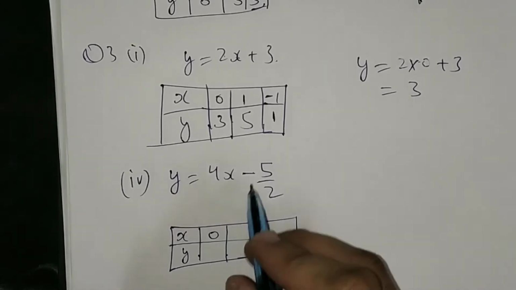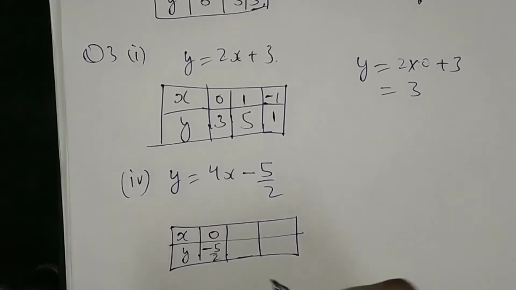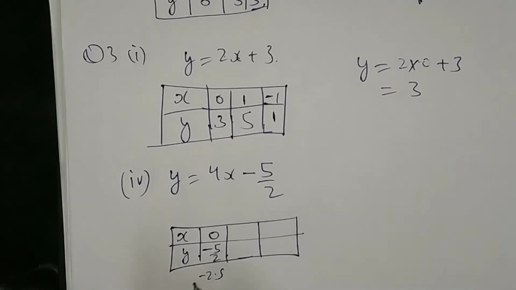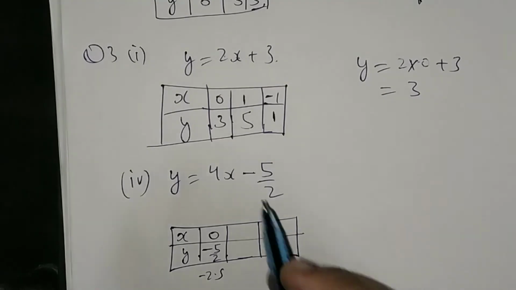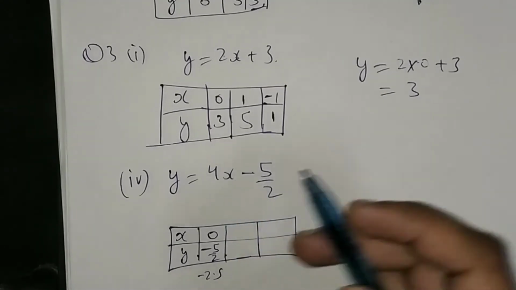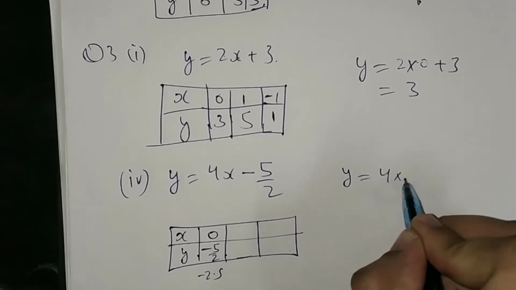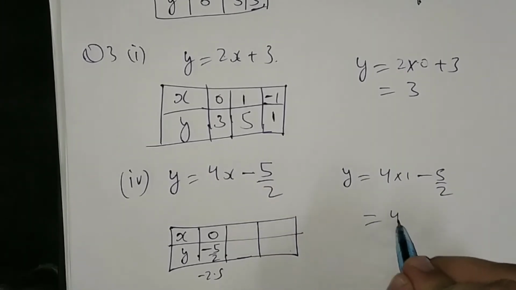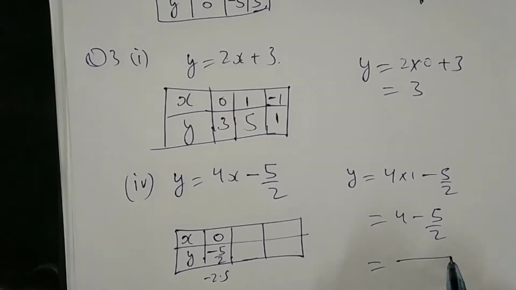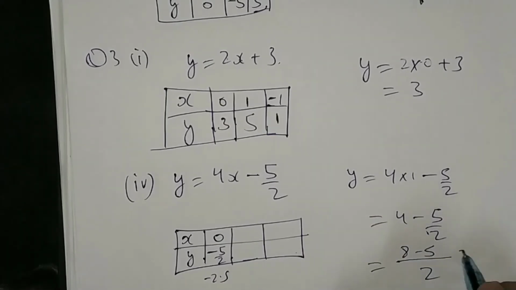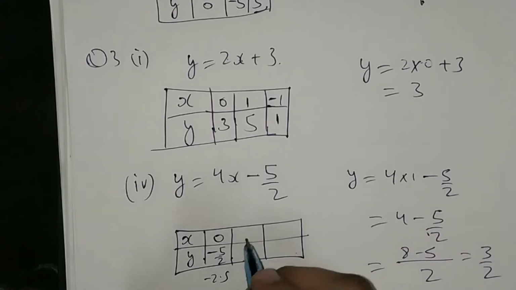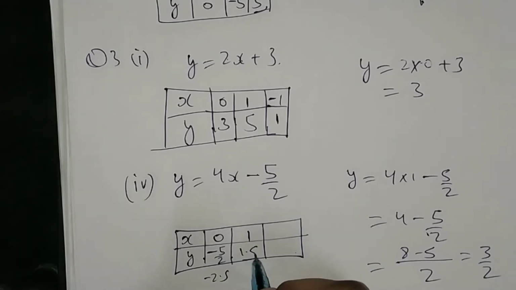If x is 0, then y is minus 5 by 2. Minus 5 by 2 means minus 2.5. You can plot it easily. Let x equal to 1, so 4 into 1 minus 5 by 2. 4 minus 5 by 2, take LCM, 8 minus 5, so that is 3 by 2. So if x is 1, y is 3 by 2, that is 1.5.